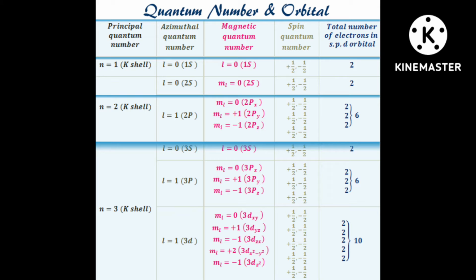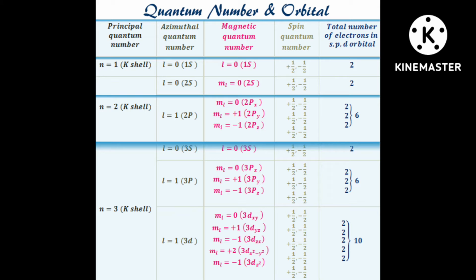The principal quantum number determines the size, first, and second, the energy of the orbital. Don't forget, these two things are determined by the principal quantum number n: first size, second energy.